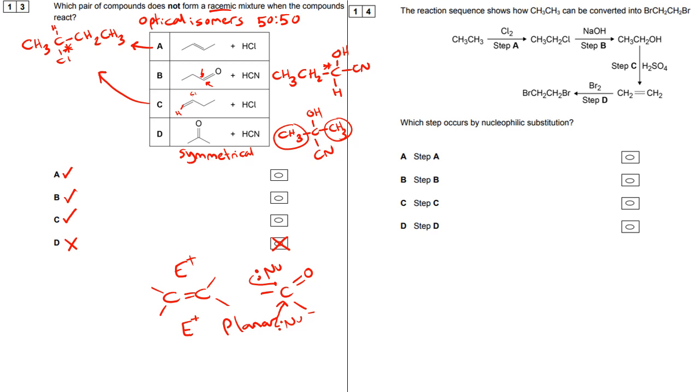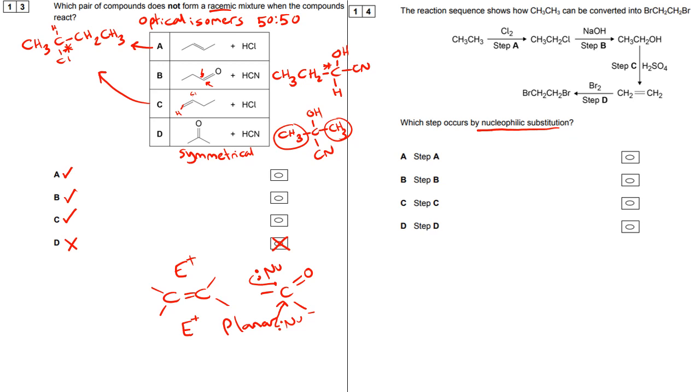Question 14. A reaction sequence shows how ethane, CH3CH3, can be converted into 1,2-dibromoethane after step D. Which step occurs by nucleophilic substitution? You can work out what each step is, or you can just understand how nucleophilic substitution occurs. I'll talk through both very briefly.